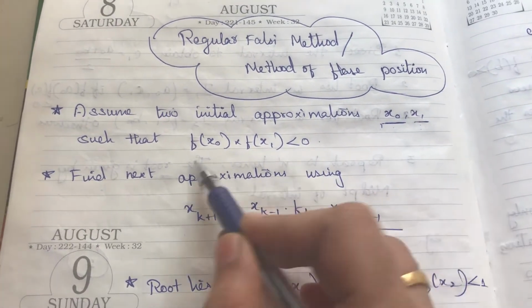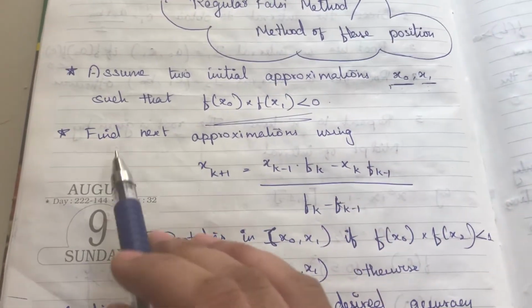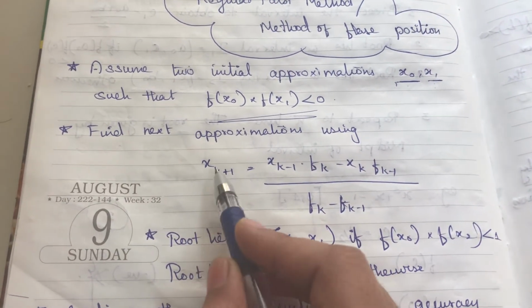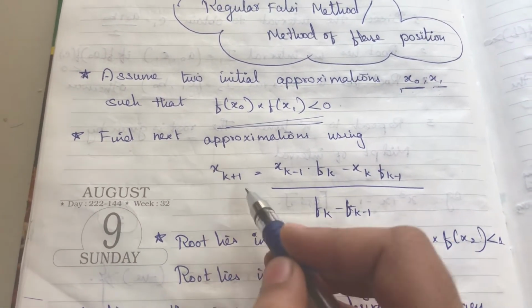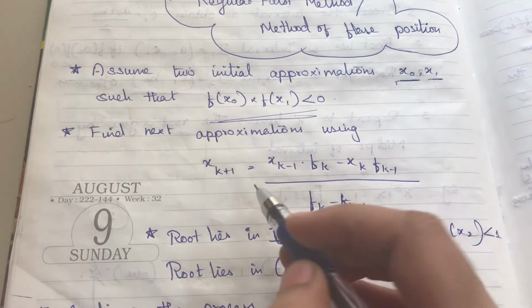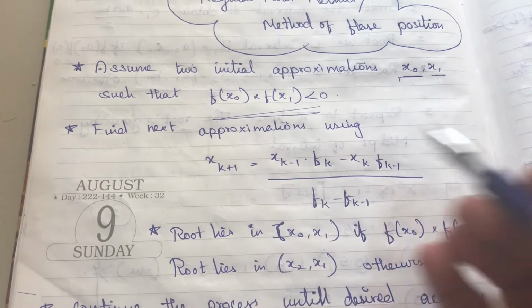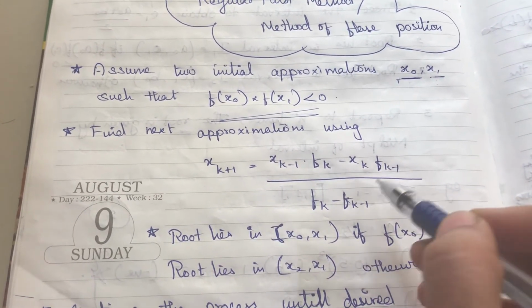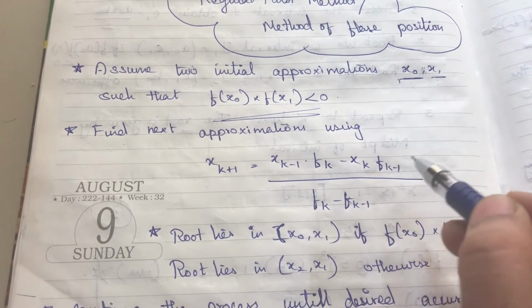So they are giving the conditions here. Find the next approximation using x k plus 1, which is equal to x k minus 1 into f of x k minus x k into f of x k minus 1.